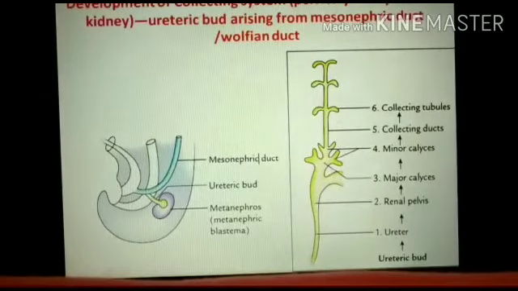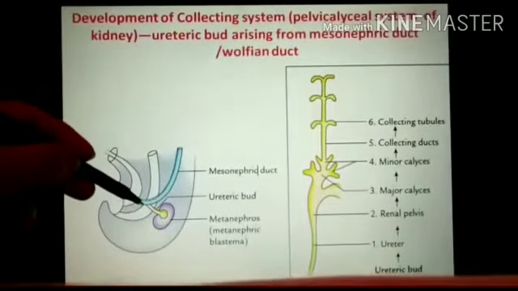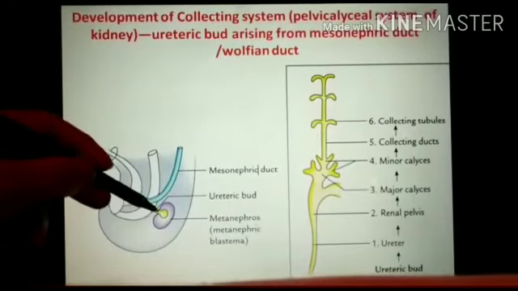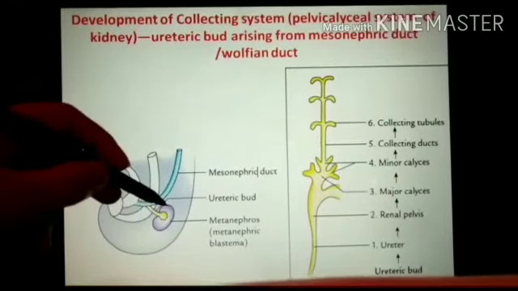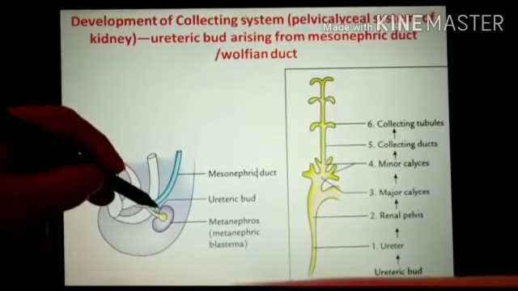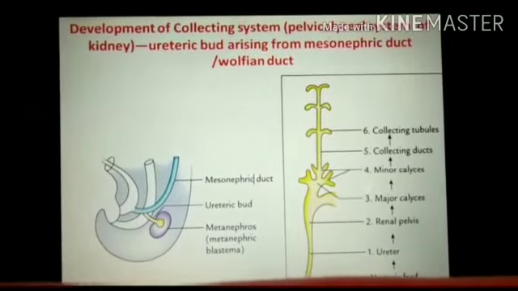Now if we see the development of the collecting system or pelvicalyceal system of the kidney. Here in the caudal part of the mesonephric duct, you can see a ureteric bud arising and growing towards the metanephros. This metanephric tissue into which the ureteric bud is growing is called the metanephric blastema.